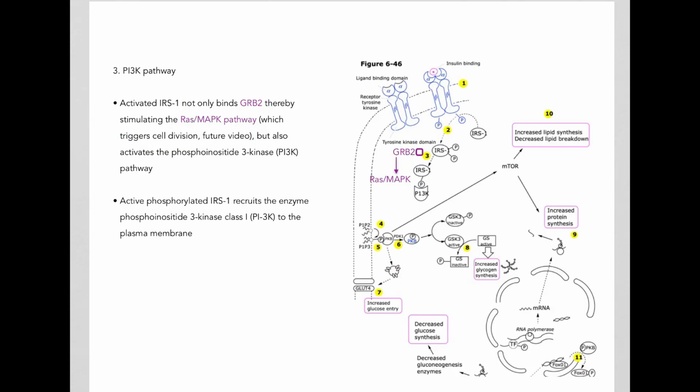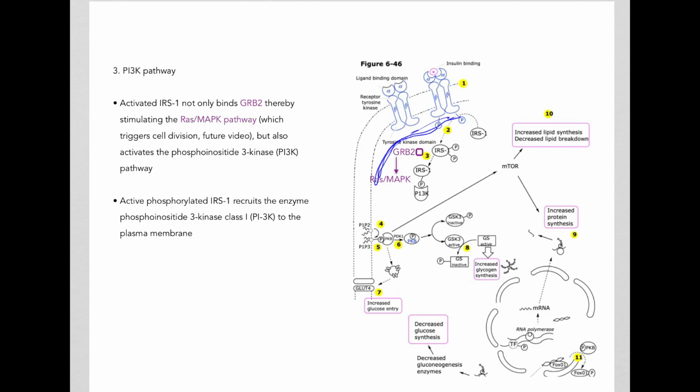Another pathway that is stimulated besides the RAS-MAPK is this phosphoinositide 3 kinase pathway, or PI3K pathway. So let's look at this PI3K pathway. So remember, all of this is happening on the plasma membrane near the receptor.